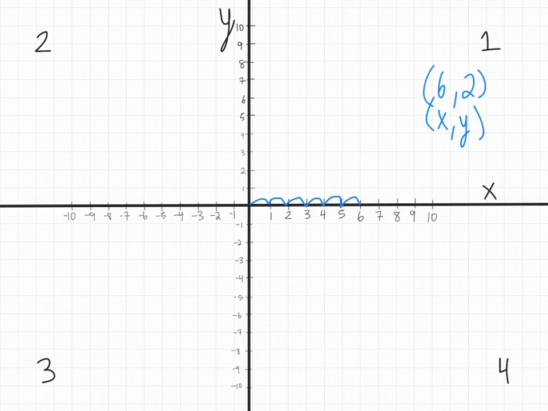I went over 6. Then I can go up 2 on the y-axis, 1, 2, and my point is going to end up right here. This is the point 6, 2.